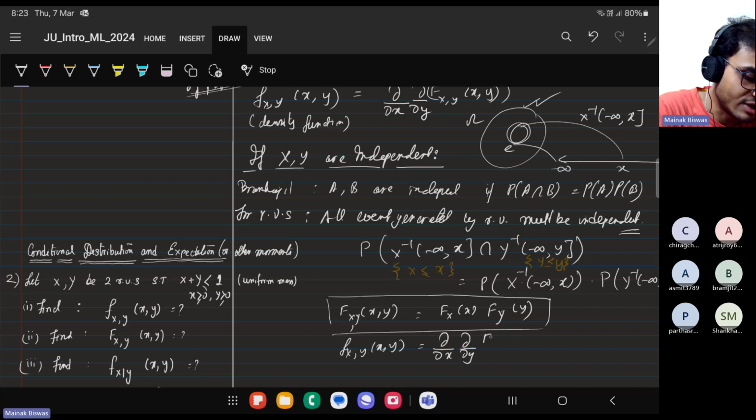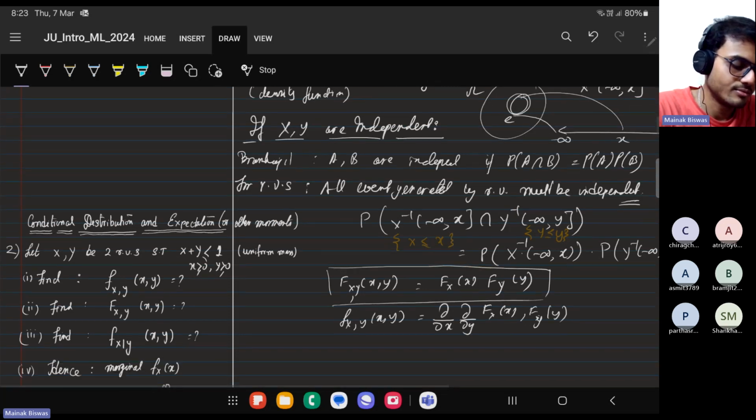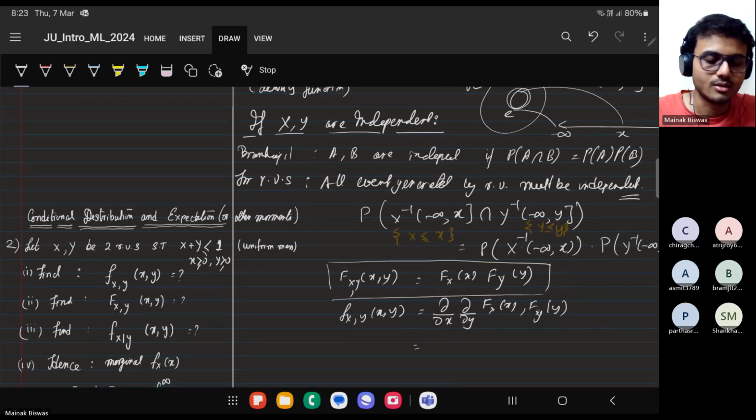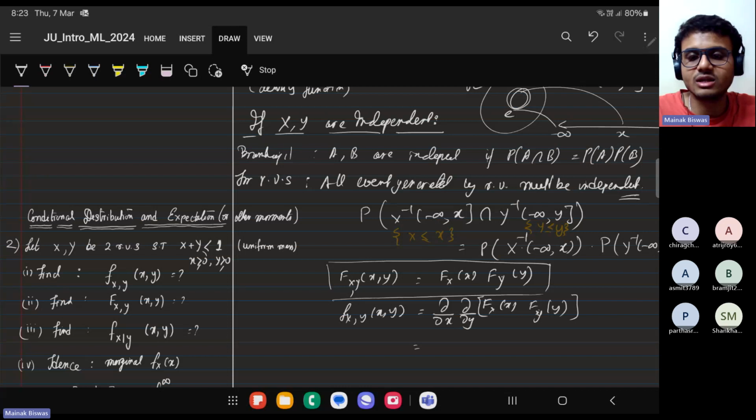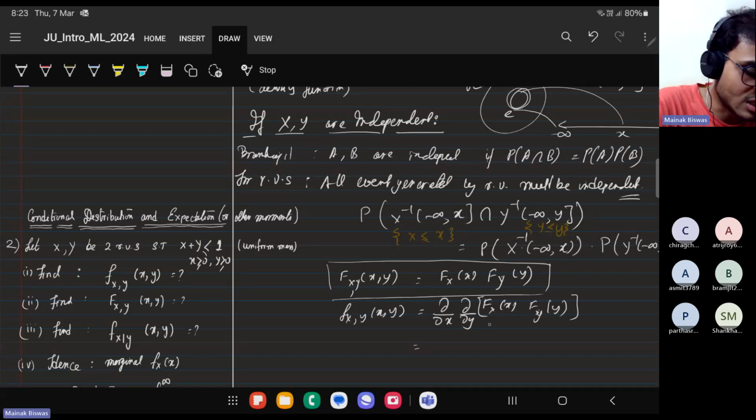So I will take the derivative, right? Now tell me, what will it be? Just take the derivative. Derivative taking is very easy. So this is constant for y, this is constant for x. So d dx, dF dx, you can just write d dx and d dy.